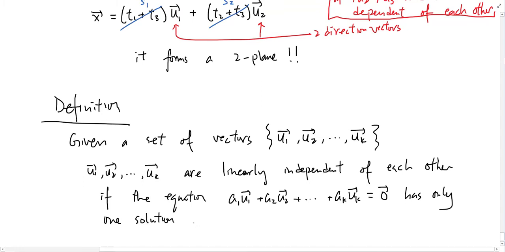And that only solution is a1 equal to a2 equal to a sub k, all equal to 0. So they are linearly independent.